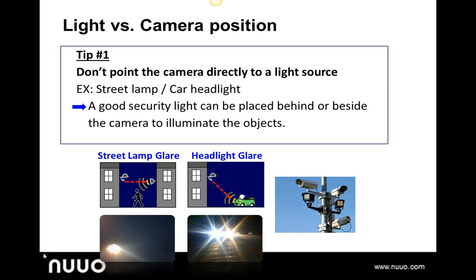As you can see in those pictures, if you put the camera in an improper position, it will cause image glare, and the image will become totally unrecognizable. So when watching traffic, car headlights shouldn't be your main light source. However, the glare may cover the car plate. A good security light can be placed behind or beside the camera, facing the object.